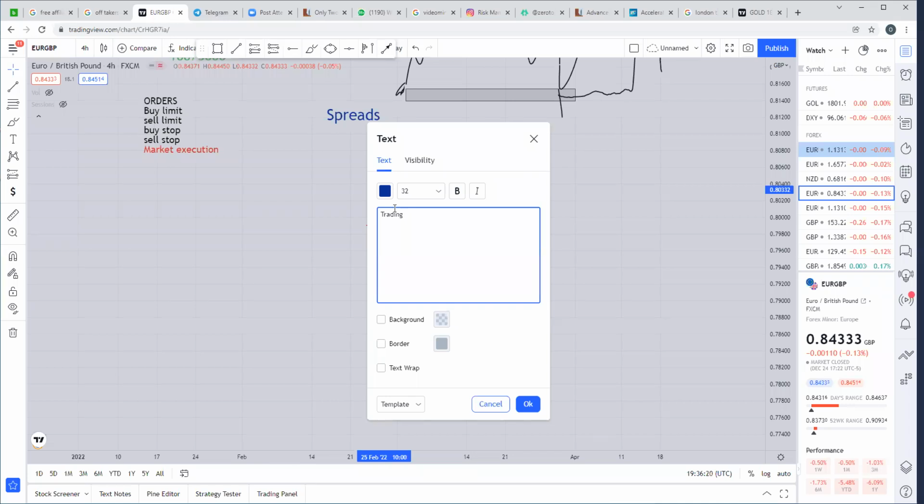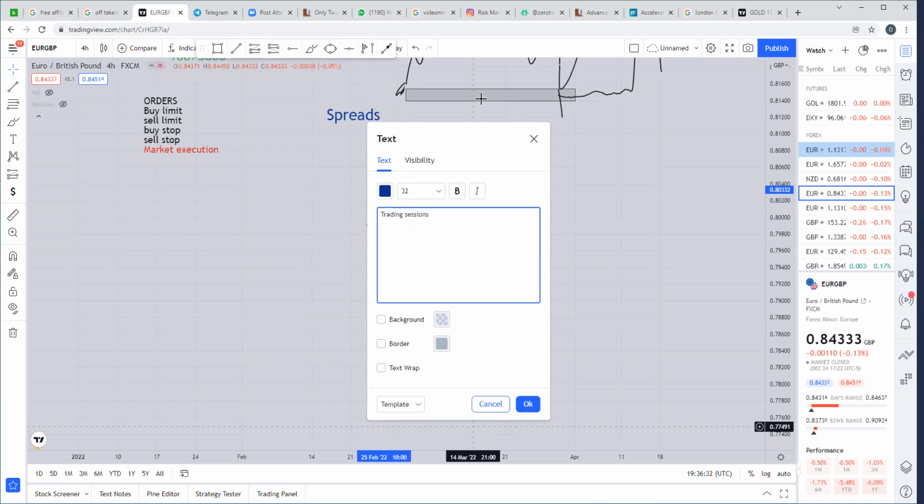These are the sessions. Some pairs are always very active, like they move very well. So these are things that you can just look up on your own. Okay, Asian session, thank you.